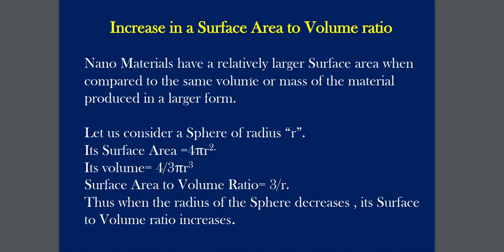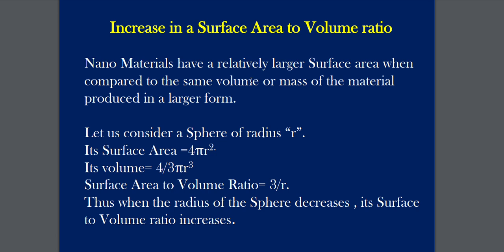As the material size reduces, the S by V ratio increases. Nanoparticles have larger surface area. Hence, the S by V ratio is higher for decreasing size, and the reactivity increases because of more surface atoms.